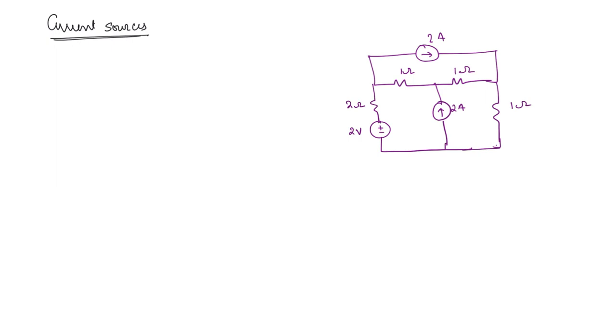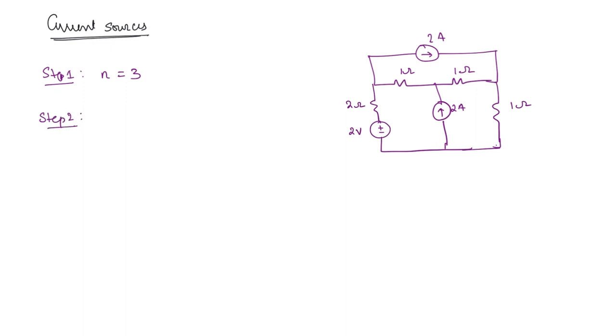Now you can see here, how many meshes do we have? You can go in the same procedure. Step 1, number of meshes. So this is going to be 3. This is one mesh, this is one mesh and this is one mesh. Now we will start assigning the mesh currents.